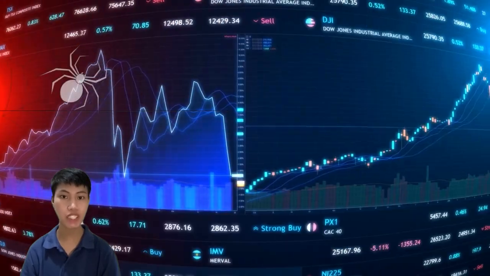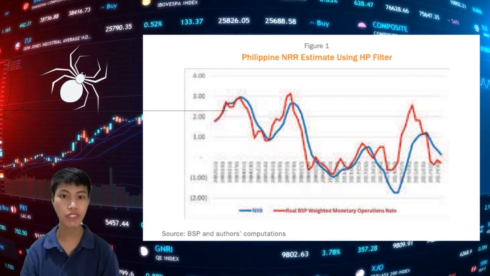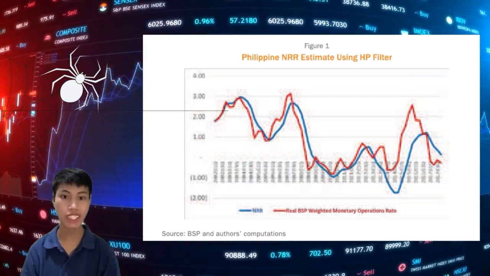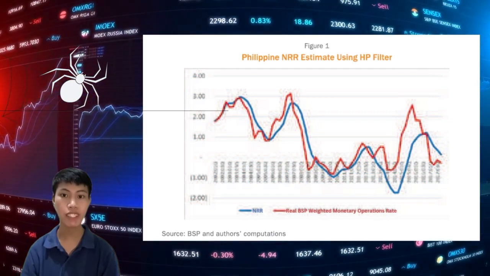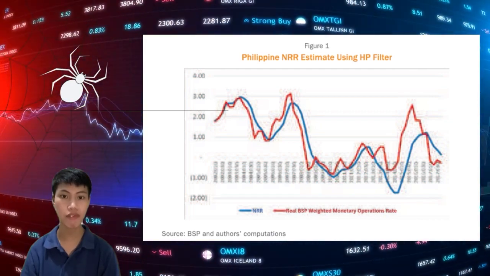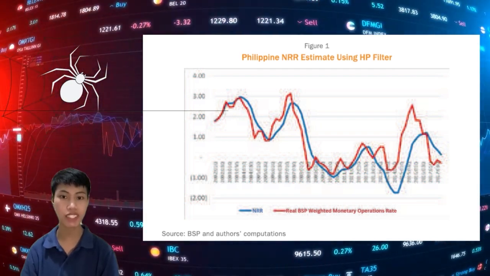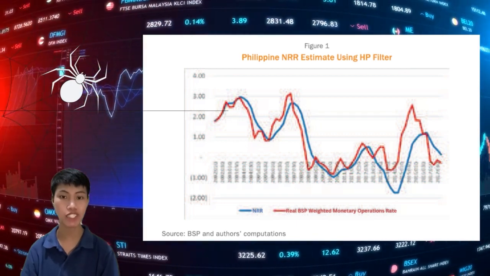Further examination of the NRR computations using the HP filter reveals that the BSP maintained a neutral to increasingly contractionary monetary policy stance by maintaining the policy rate from the first quarter of 2015 to the first quarter of 2016, despite weaker output growth and declining inflation rates.